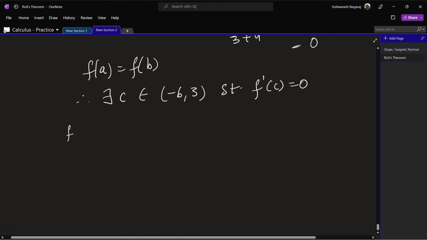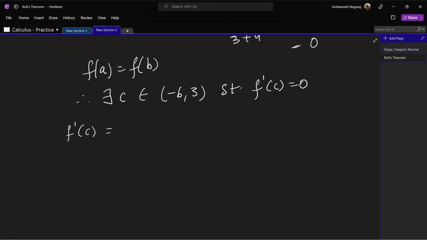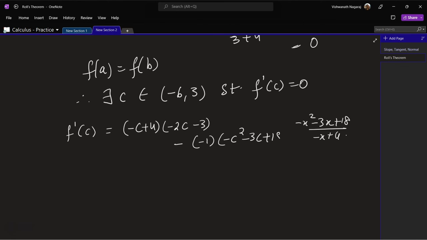to 0. Let's differentiate the function at c. So at c, the function itself is minus x square minus 3x plus 18 by minus x plus 4. Okay, so let's differentiate this. We get minus c plus 4 and then we get minus 2c minus 3, minus, and differentiating the denominator, times minus c square minus 3c plus 18, divided by minus c plus 4 square equal to 0.